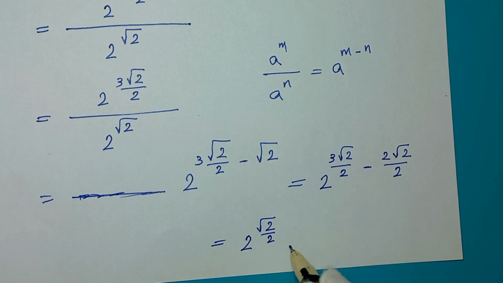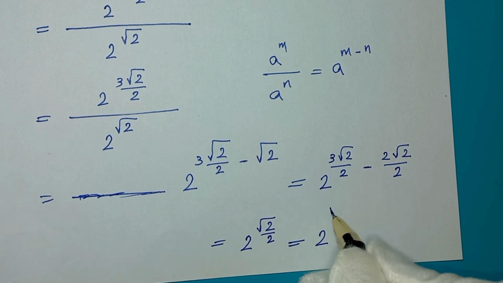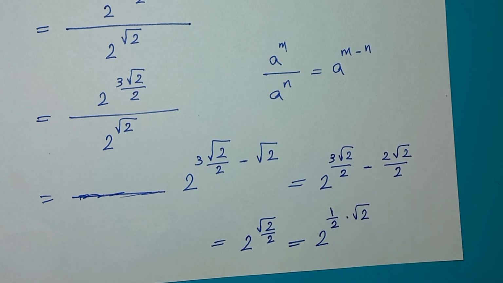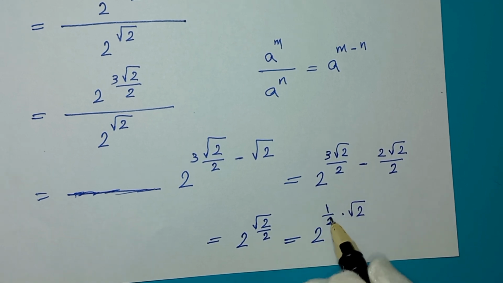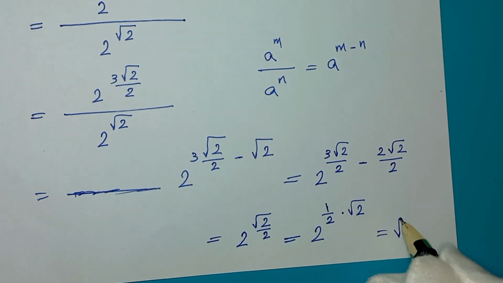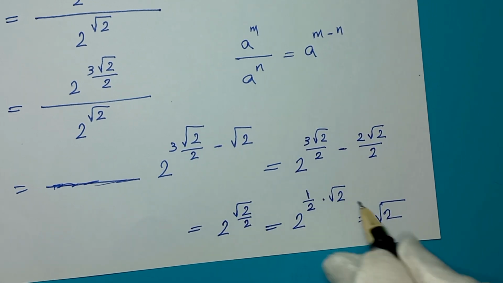And also this is 2 to the power of 1 over 2 times square root of 2. And the power of 1 over 2 is square root. So we can write this 1 over 2 as square root, and square root of 2 to the power of this square root of 2.